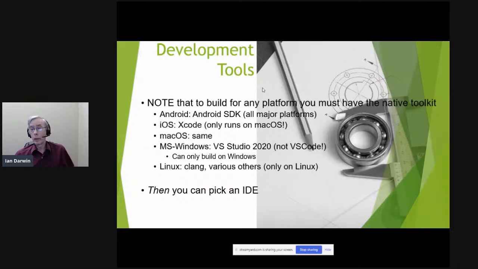So again, you can only build Linux applications on Linux. So you're going to wind up having a bunch of computers at your disposal to really take advantage of the cross-platform. And again, that's not specific to Flutter. Most of the other cross-platform things, I won't say they all are, but the majority of them are the same way.